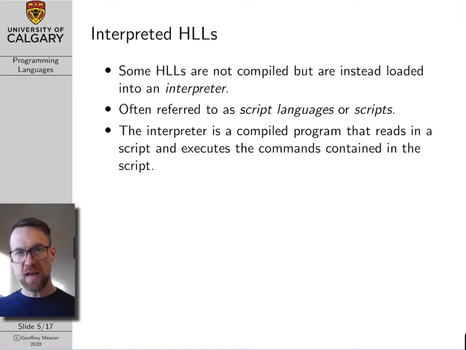And then that program gets read by an interpreter program. And the Python interpreter basically reads the scripts and then sends commands to the processor based on what's written in those scripts. So the interpreter is a compiled program. So somebody had to program the interpreter and compile it. But when you actually execute your Python script, you're not actually doing any compiling.